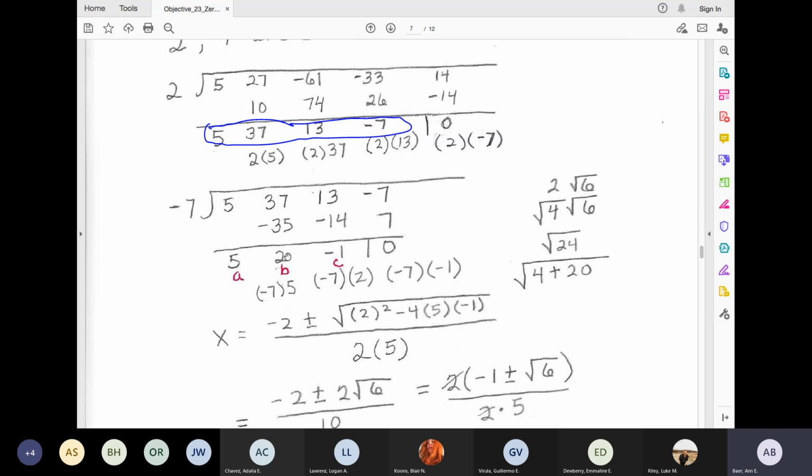Add straight down and get 2. We then take the -7 and multiply by what's at the bottom of the previous column, which is a 2. And that is -14. Add straight down, get -1.